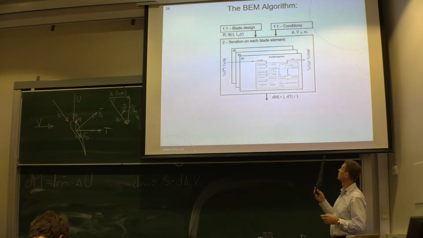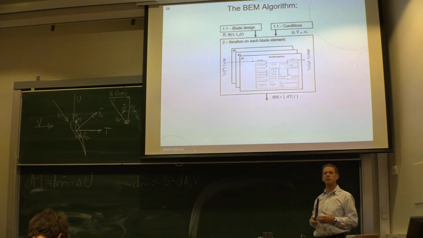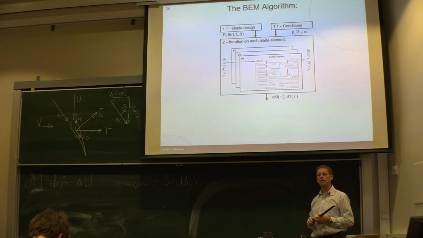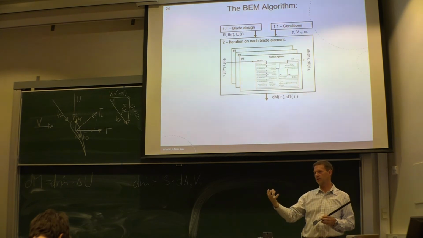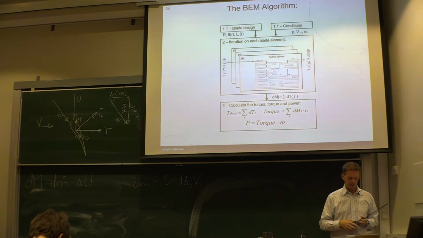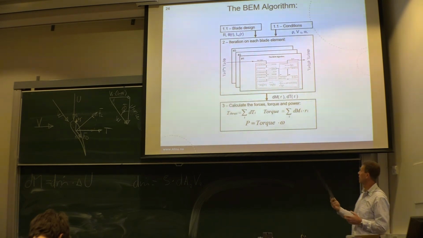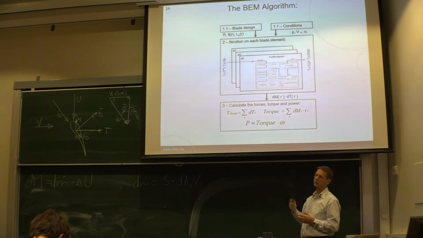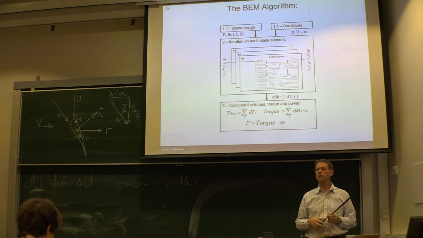Then you do the iteration within the program you're going to make, and out come torque and thrust forces for each element. Then you calculate the thrust and torque, and you calculate the power. And when you have the power, you're able to calculate the efficiency of the turbine.